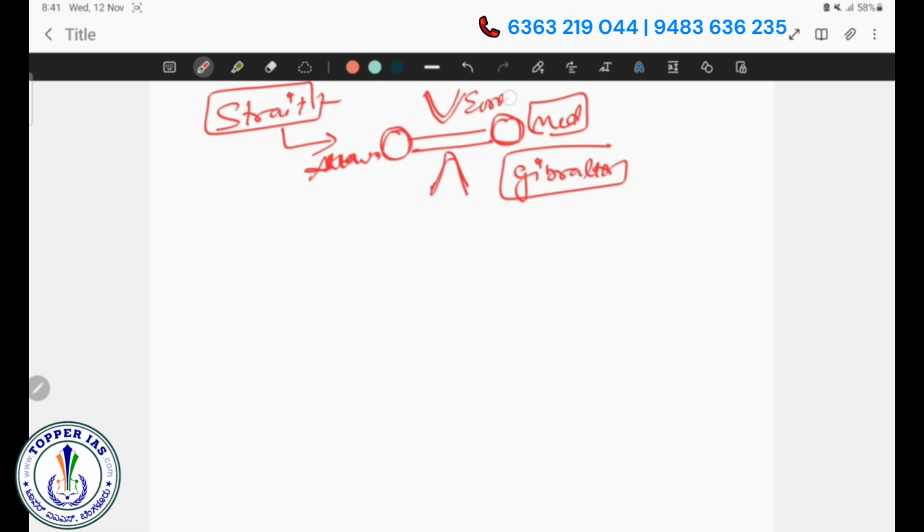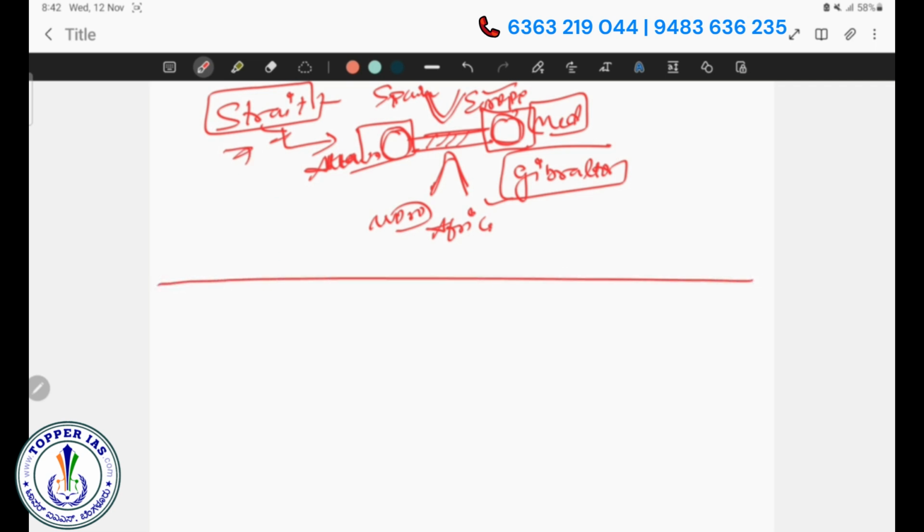This is Europe and this is the African part, specifically Spain and Morocco. So a strait is a narrow water body which connects two large water bodies or separates two large land masses.